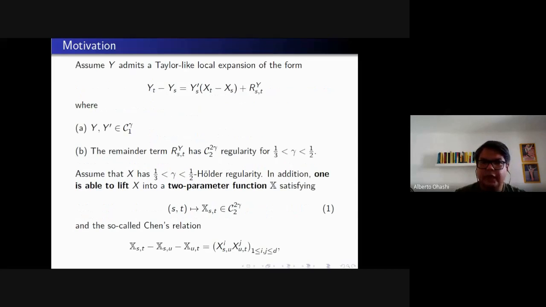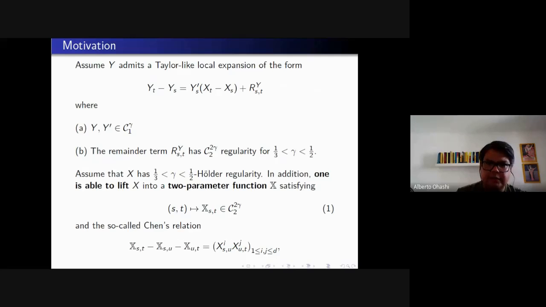Okay, so I will start with the basics for non-specialists. I'm sorry for people who already know this theory. If Y admits a Taylor-like local expansion, why Taylor-like? Because if you assume that the increments of the function are a linear function of the increments of your driving noise, you may think of capital X as the driving noise of your system, which is given.